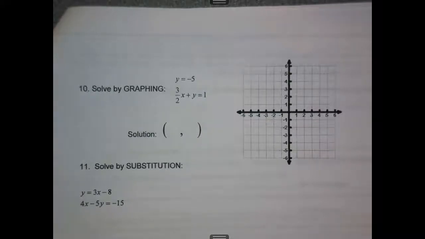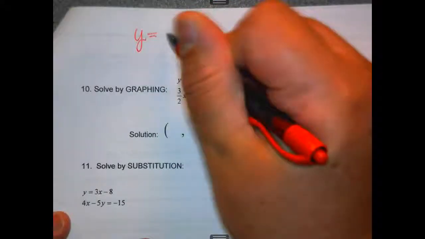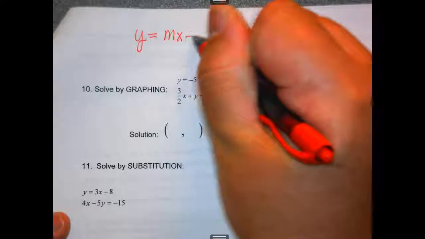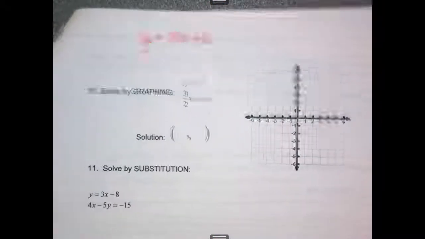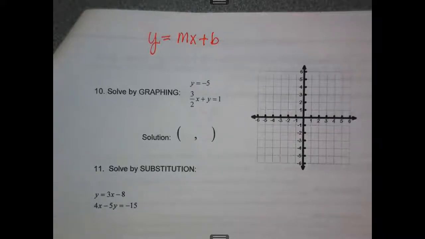All right. Solve by graphing, systems of equations. Make sure you're in the y equals mx plus b form, because it's just easier. Is y equals negative 5 in y equals mx plus b form?